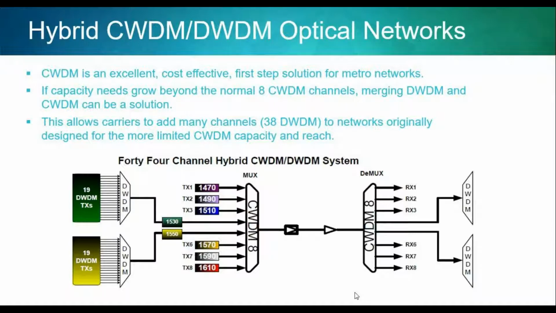This is where you can see the benefits of being able to leverage that investment in those CWDM systems, and you can leverage some of those channels and densely packed DWDM boxes for those.